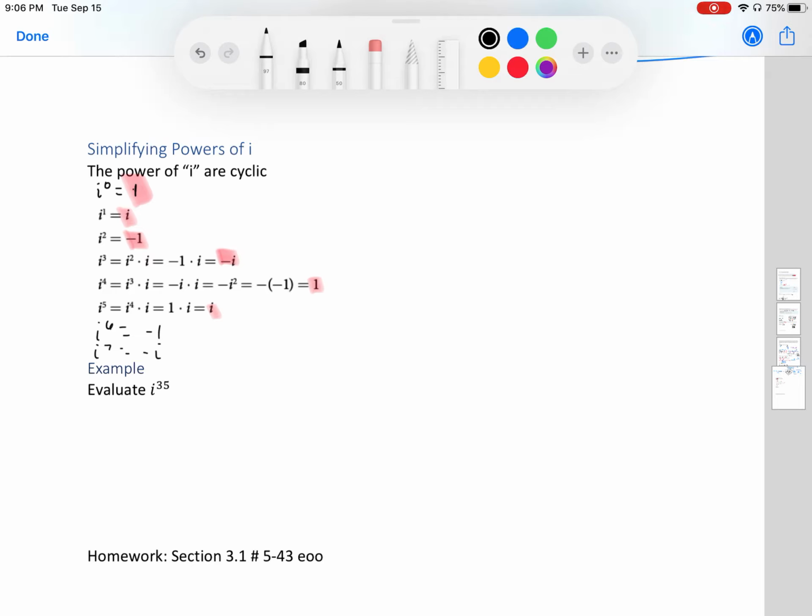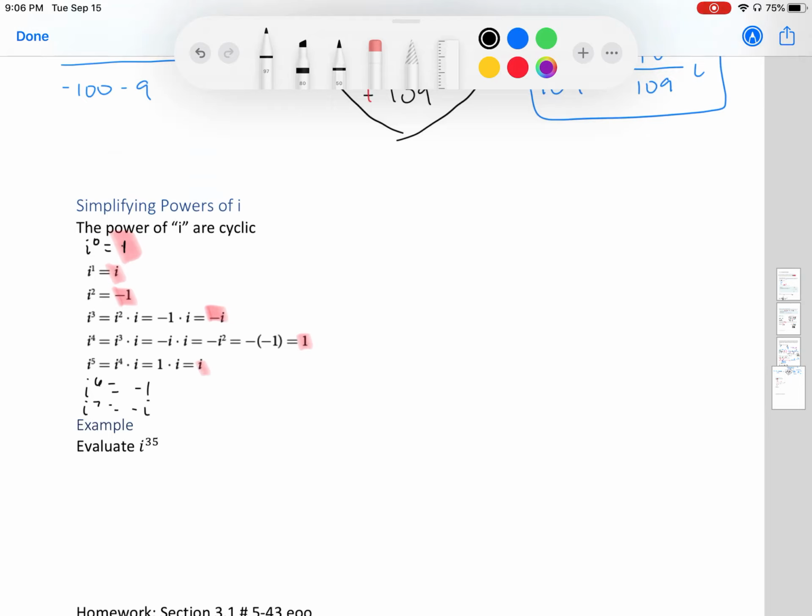So if we wish to evaluate a value that is over our list, to do so, we want to try to think of that exponent as a multiple of 4, because that will help us work with i to the 4th power, which is 1.